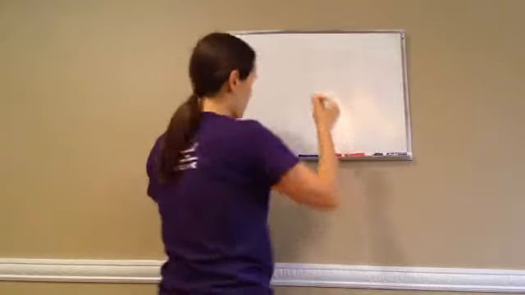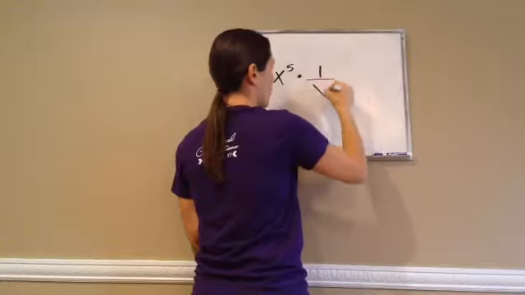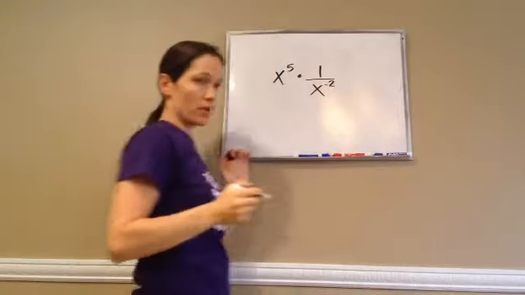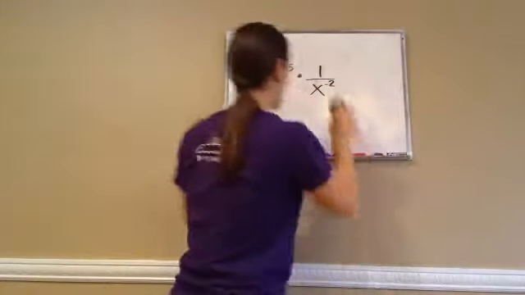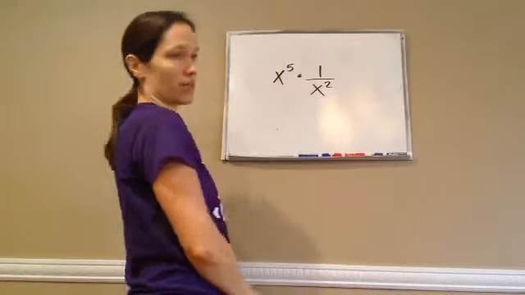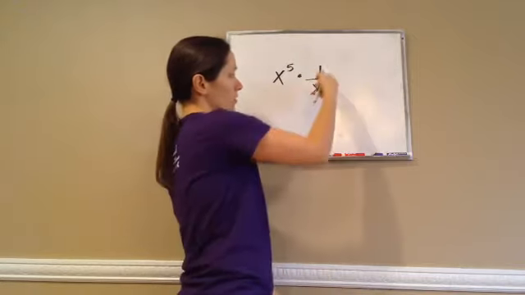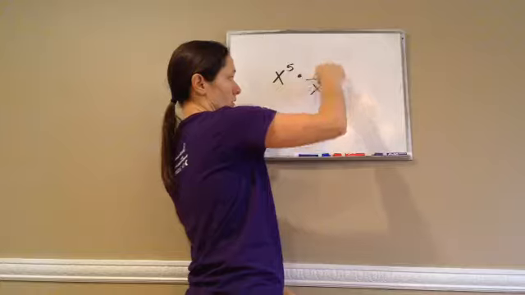Now, what if I said x to the fifth power times 1 over x to the negative 2 power? What would I do to figure out the answer? You could flip it, which will make it x to the negative 2.